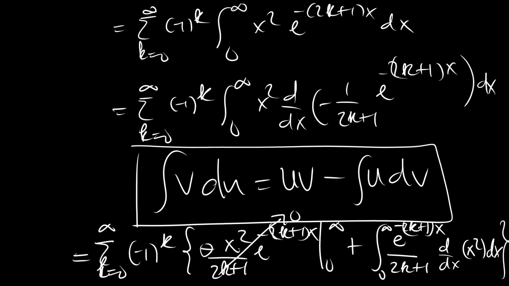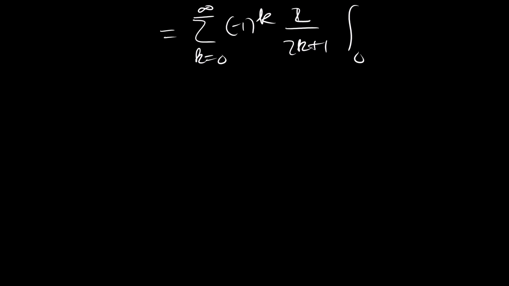So this means that we have the summation from 0 to infinity of negative 1 to the k, and we can say we have 2 over 2k plus 1 times the integral from 0 to infinity of x e to the power negative 2k plus 1 x.